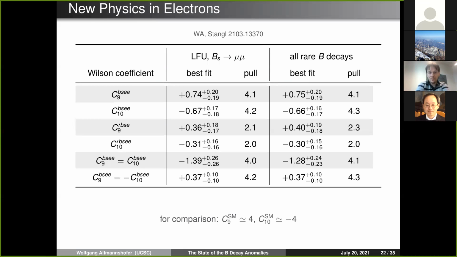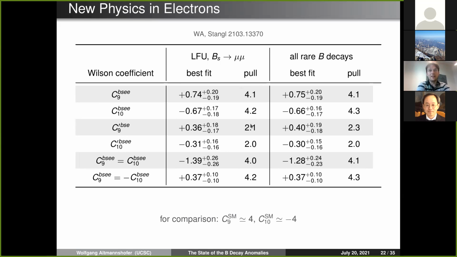The simplest thing that one can do is to switch on one of those effective interactions at a time and see what one gets. And what is shown in this slide here is what happens when one switches on new physics in interactions with electrons. So one switches on all the various four-fermion contact interactions, which include a bottom, a strange, and two electrons. And then what is shown in this table here is, on the one hand, the best fit value for the Wilson coefficients of these various interactions, and then the pull value.